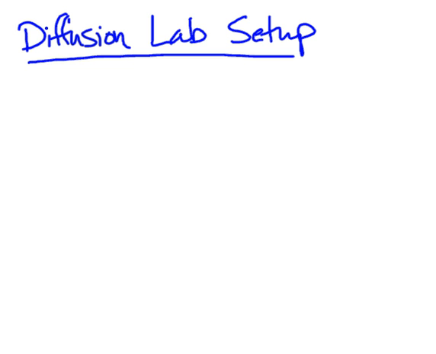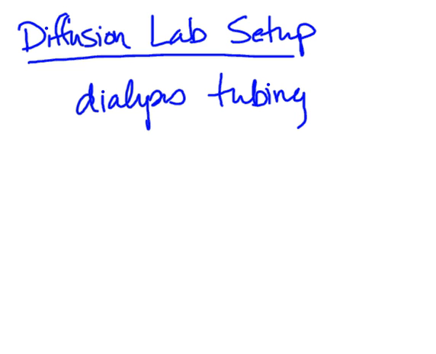All right, what you're doing with this lab is you're going to have dialysis tubing. Dialysis tubing is a very thin piece of cellulose that is a tube, but it honestly looks like a piece of paper.